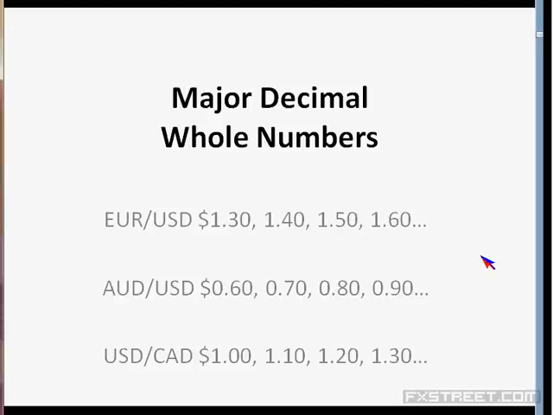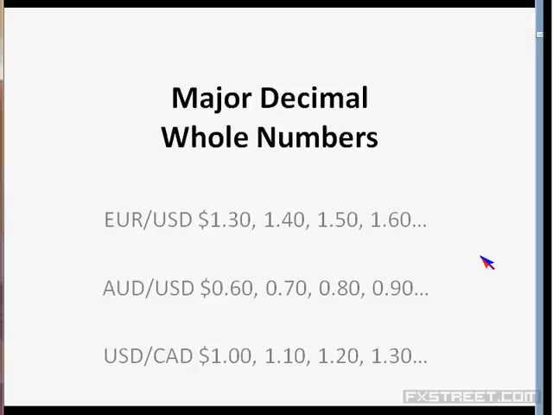You get the idea of what the major decimal whole numbers are and how we can recognize them with the quarters theory methodology. These major decimal whole numbers are very, very important. Why?